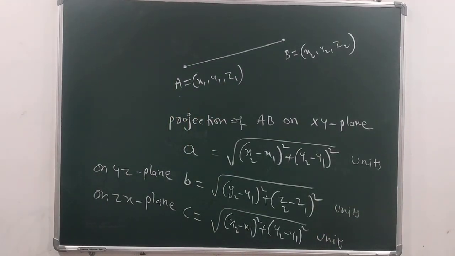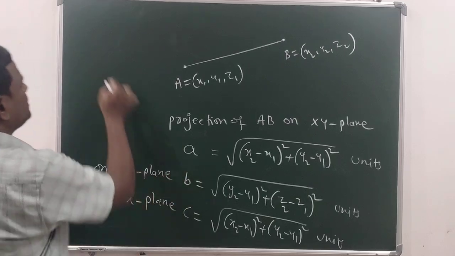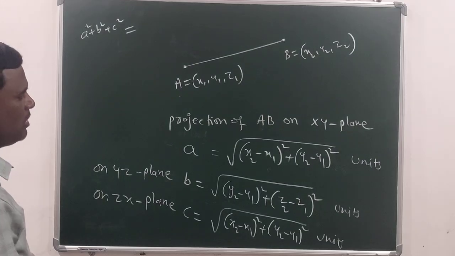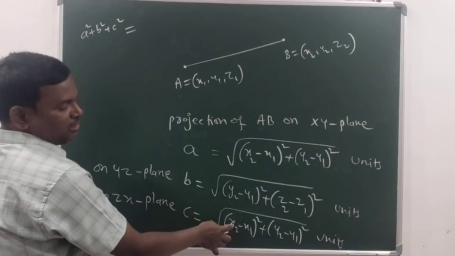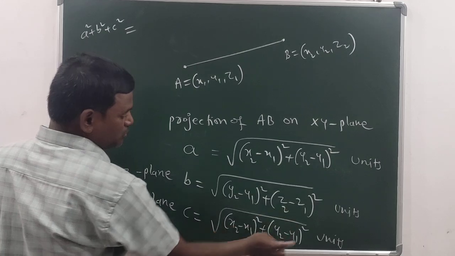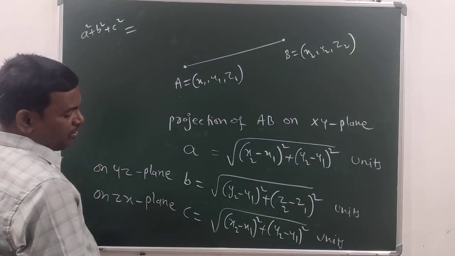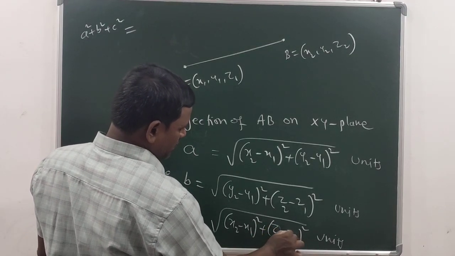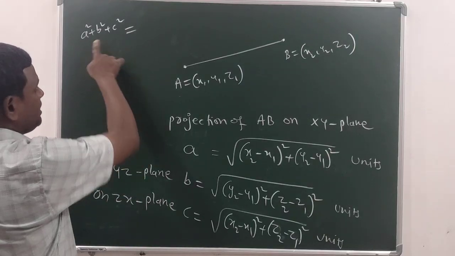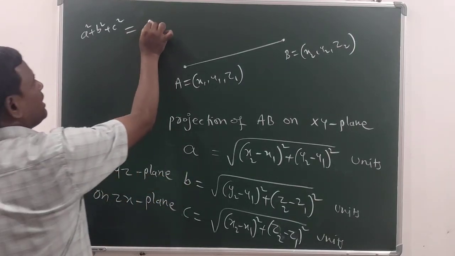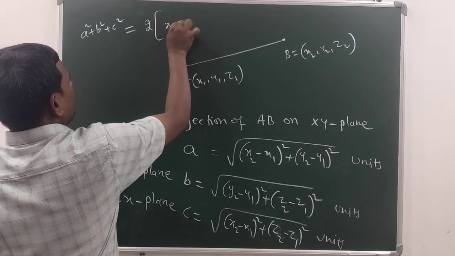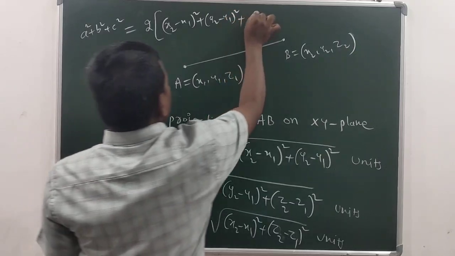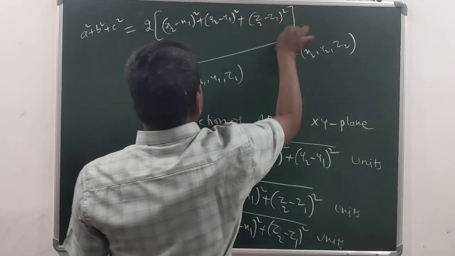Now students, I am asking you to find the sum of the squares of these a, b, c: a square plus b square plus c square. How much do you get? See here. This comes 2 times, this comes 2 times, this comes 2 times. On zx plane, zx means z2 minus z1 will come. Now take the square on both sides and add it so that you will get 2 into the bracket of x2 minus x1 whole square plus y2 minus y1 whole square plus z2 minus z1 whole square.